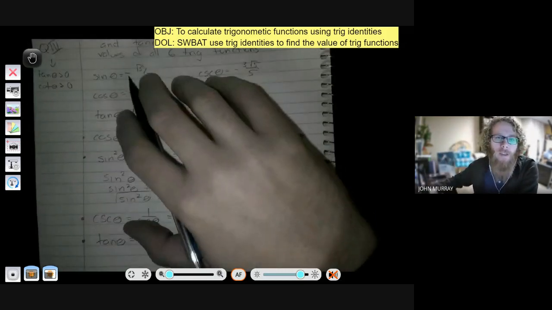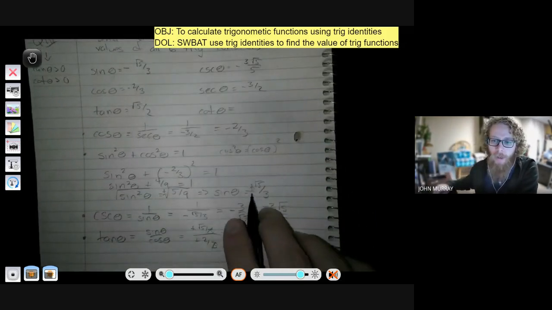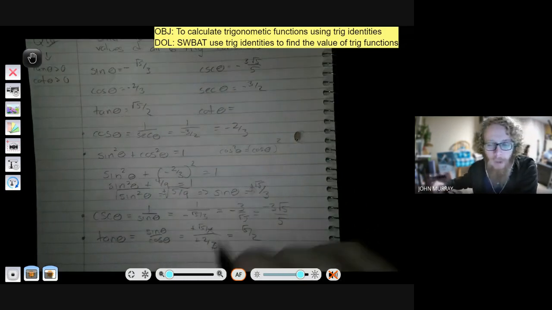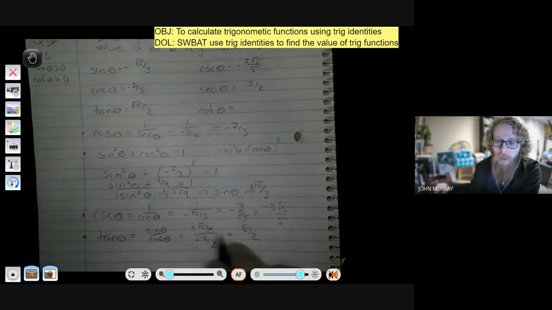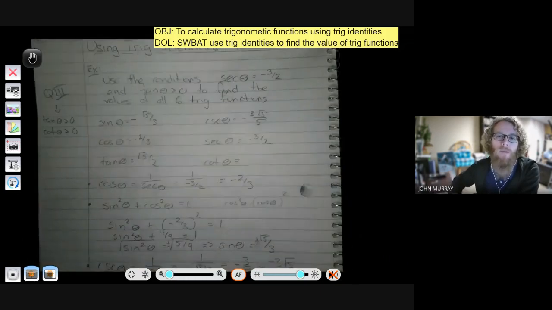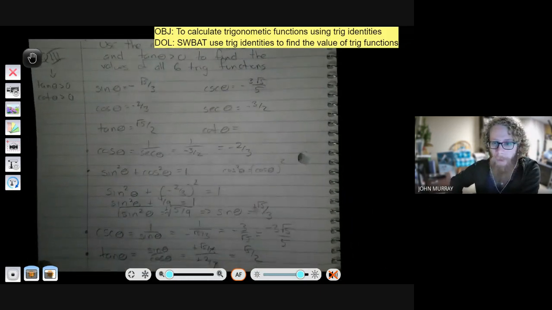And again, if I accidentally chose the positive value for sine, if I didn't know about the quadrants, then my tangent would have been negative, which would have contradicted what the condition was. All right, so you got to be careful with that.